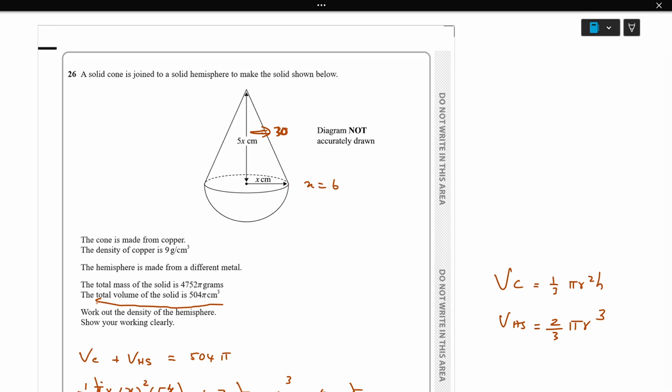Now we'll find out the mass of hemisphere, because total mass is already given. This is our total mass, which is 4752 pi.